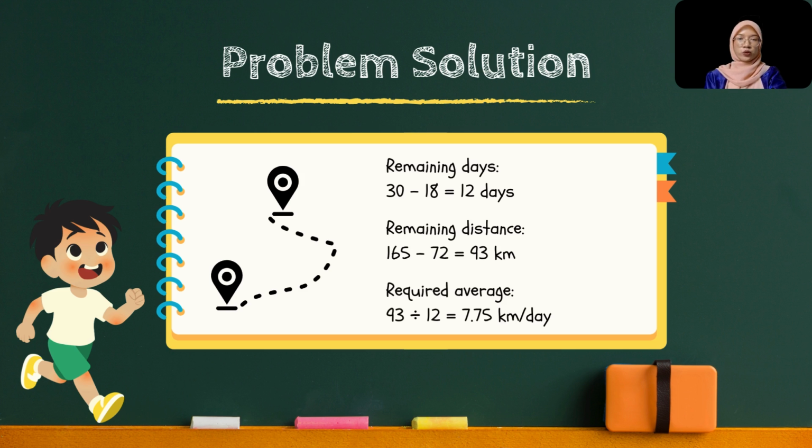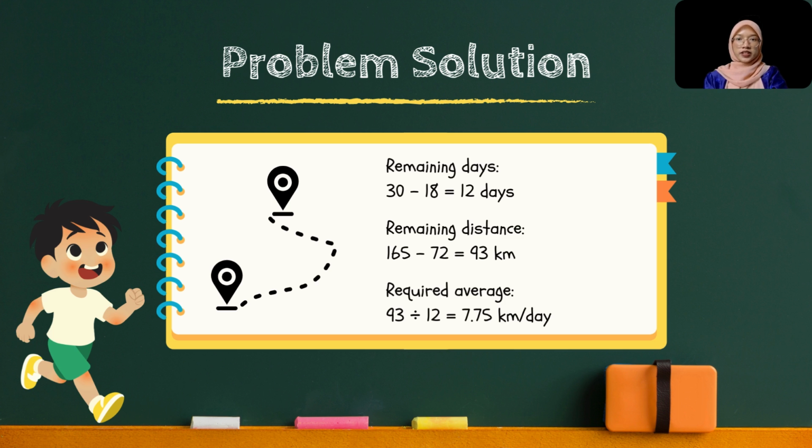Now we find what remains. We calculate the remaining days first, which is 30 minus 18, which we got 12 days. And next we calculate the remaining distance, which is 165 kilometers minus 72 kilometers is equal to 93 kilometers.